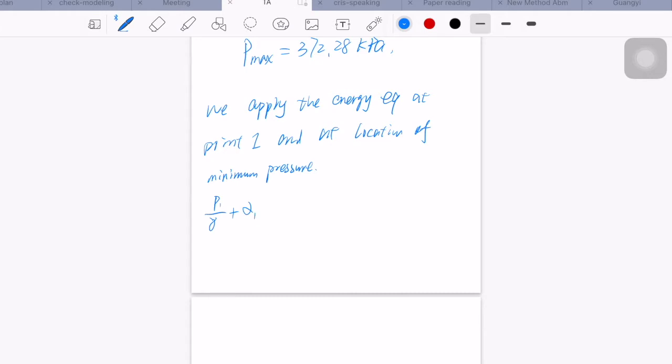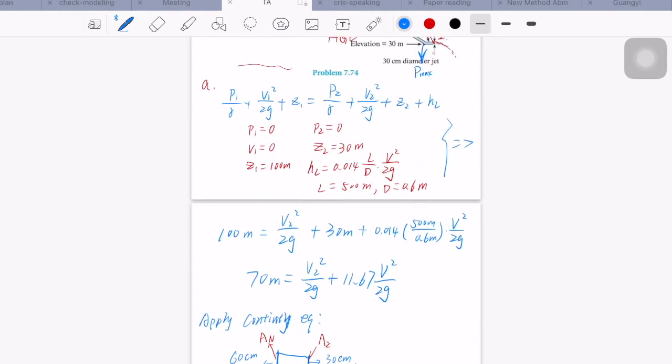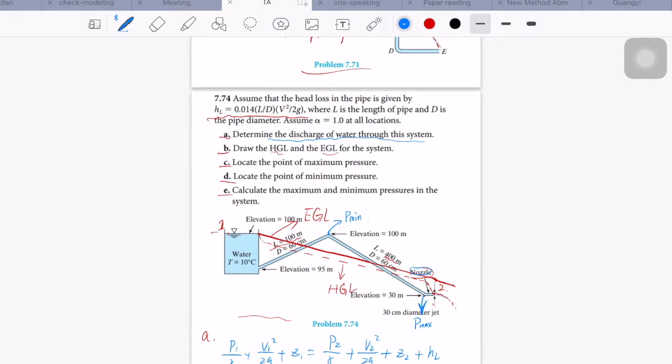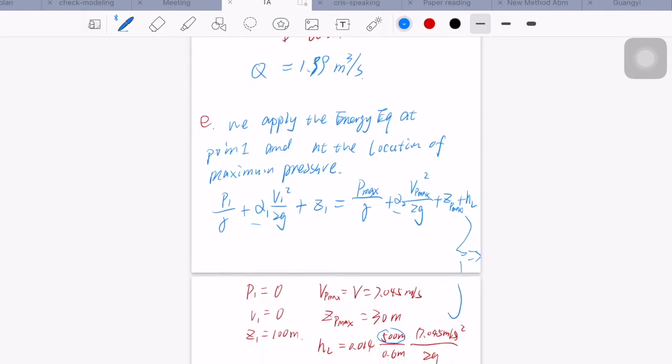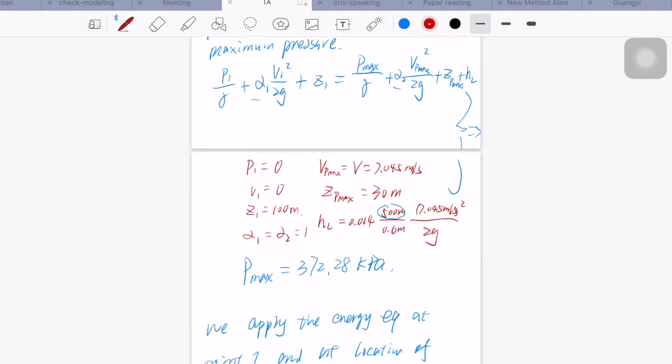Oh, sorry, I forgot to say that alpha 1 and alpha 2 should be equal to 1, since the problem gave us that alpha equals 1 at all the locations. So alpha 1 equals alpha 2 equals 1. Sorry about that.